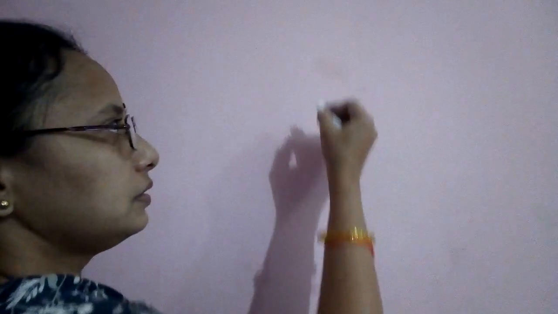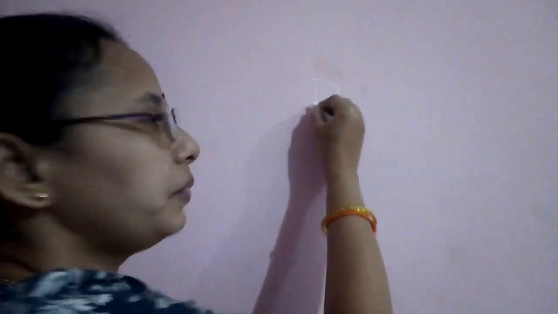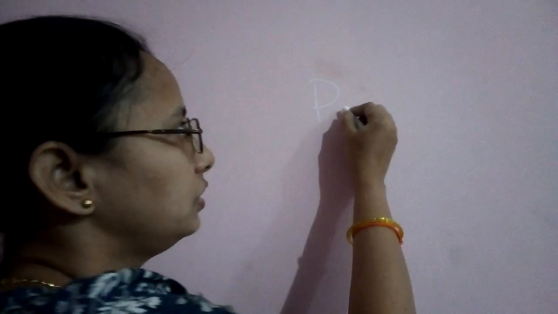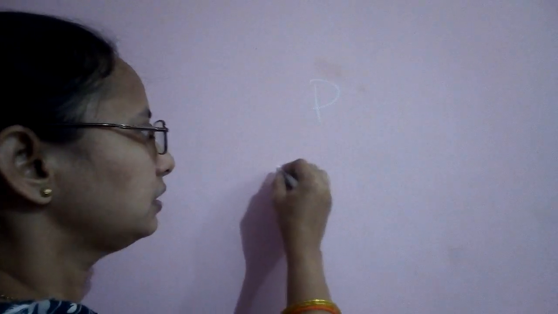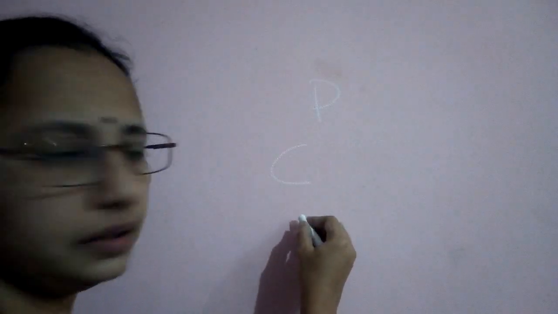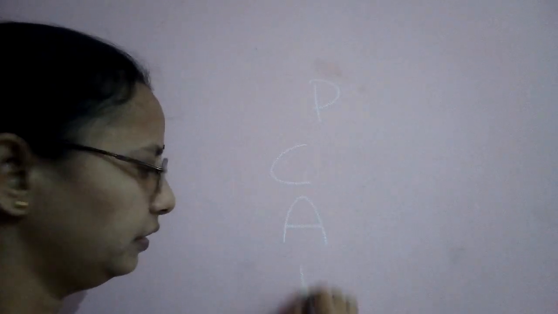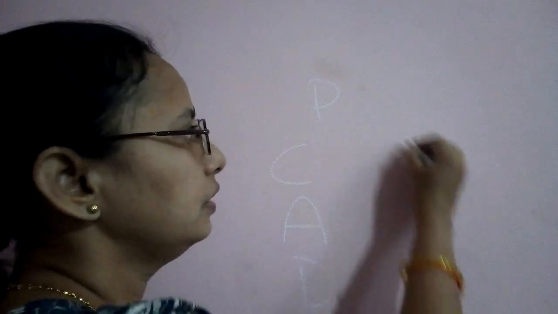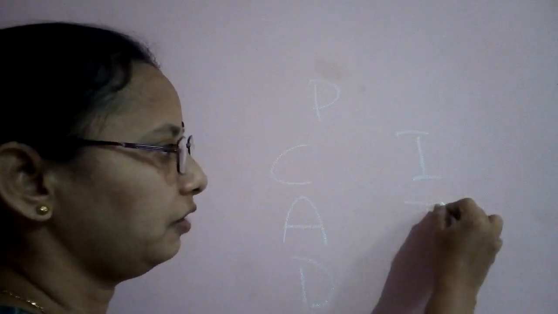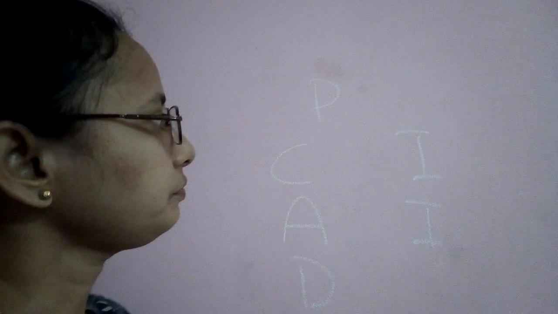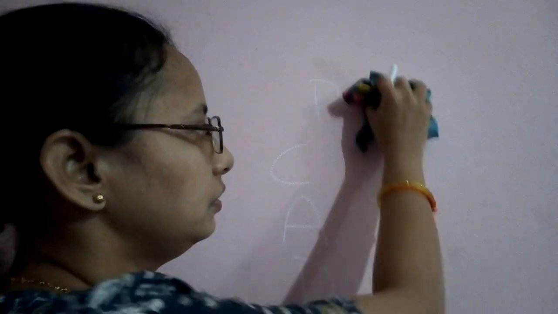The next important thing is the properties. The properties will play a main role in the whole of algebraic expressions. The properties are the commutative property, associative property, distributive property, property of inverse, and property of identity.